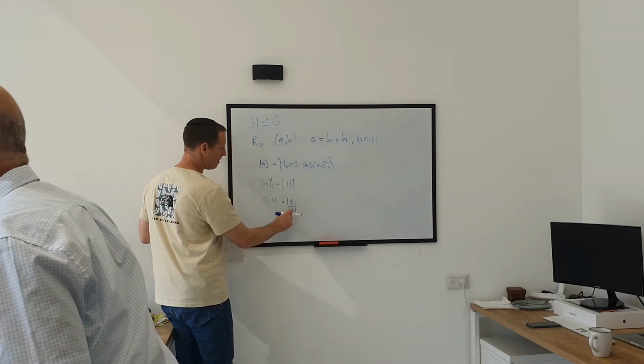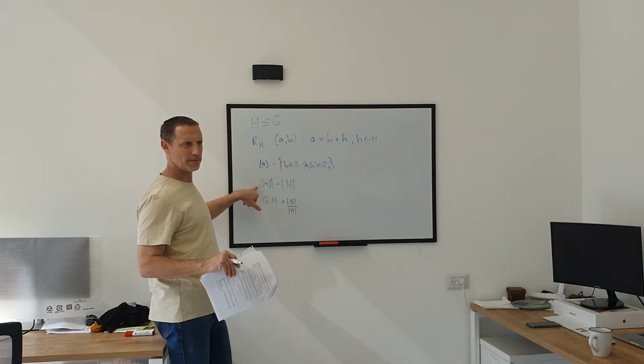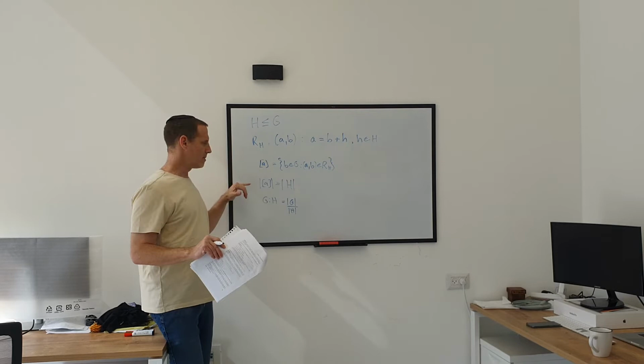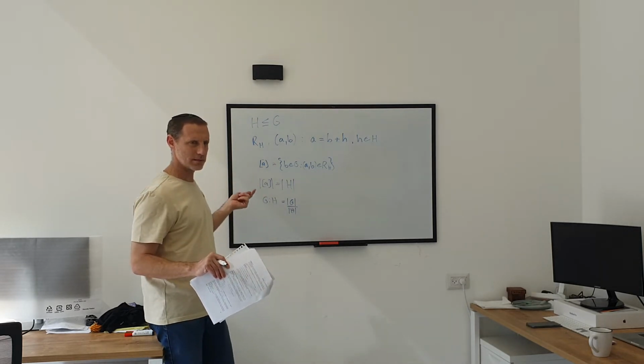This makes sense because we proved that the classes partition G, since they're equivalence classes.